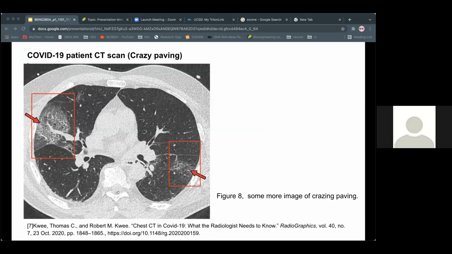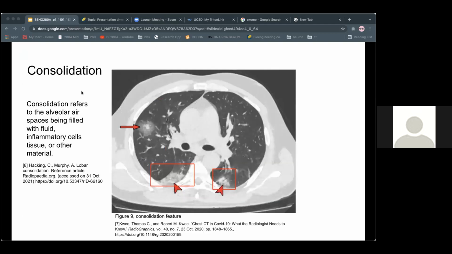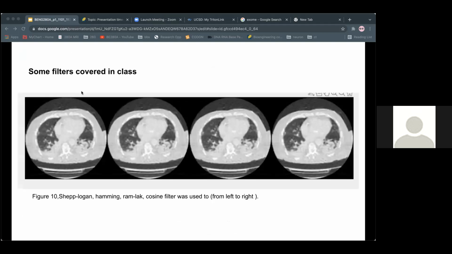Here is the crazy paving feature, which shows up as a linear pattern that can occur when the spaces between the lobules widen. Consolidation refers to the alveolar air spaces being filled with fluid, inflammatory cells, tissue, or other materials. It appears when moving to the late stage of COVID.